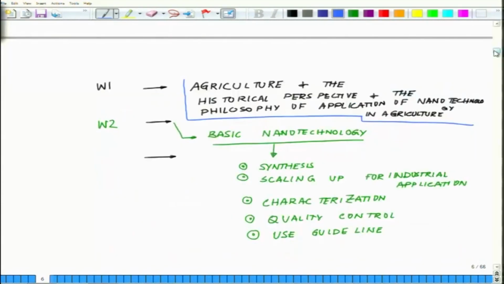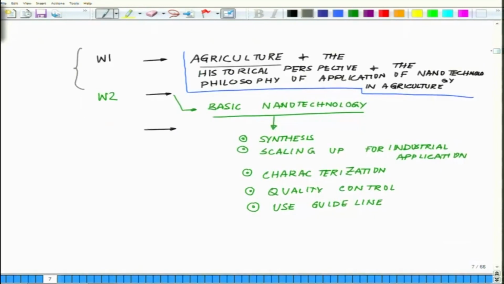Since we are into the first week at this time, we are talking about agriculture, the historical perspective and the philosophy of application of nanotechnology in agriculture. So, coming back, this is the layout we have talked about. We will have 8 weeks.